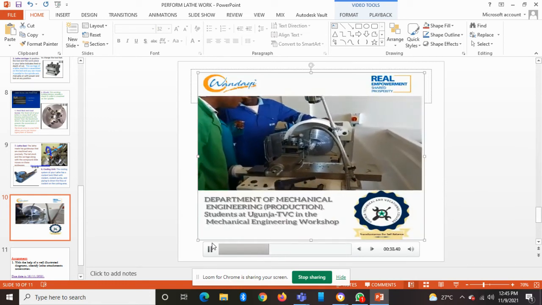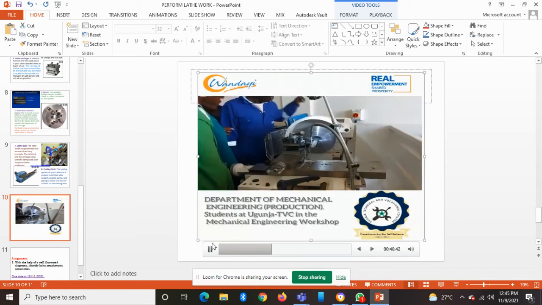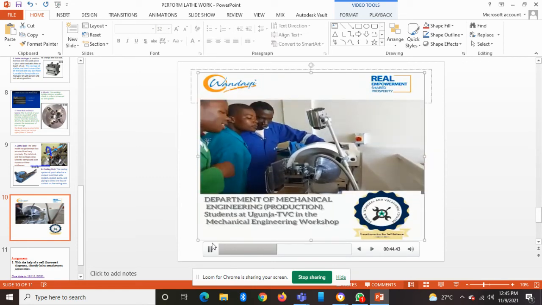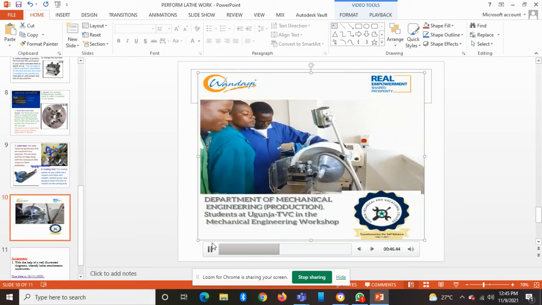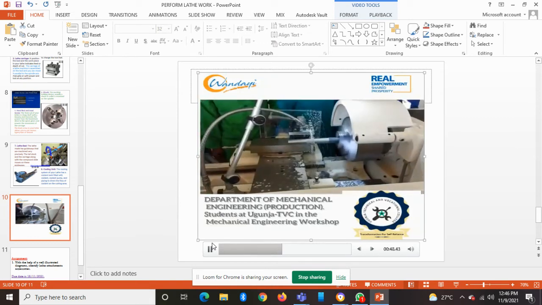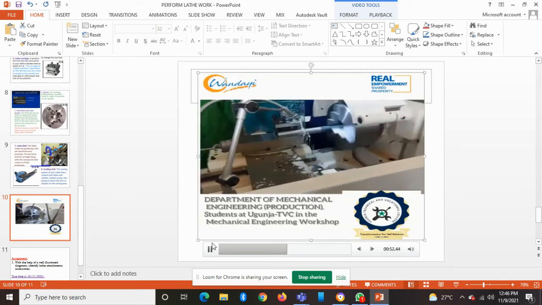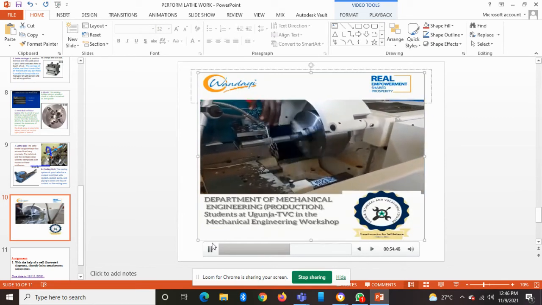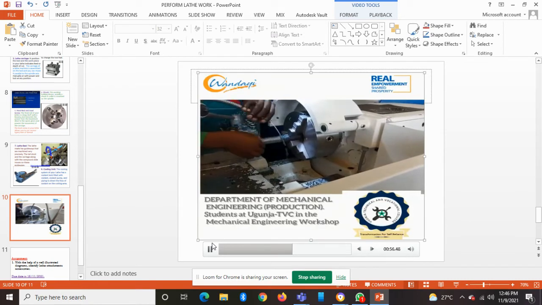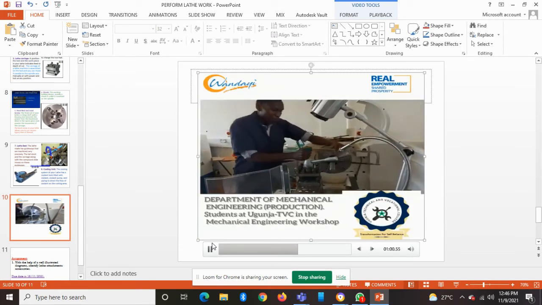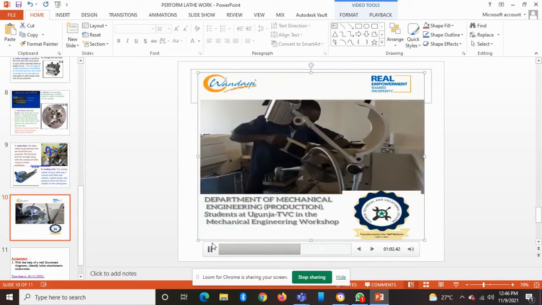They're doing turning, again on some piece of work. There is a coolant, where they put the workpiece. The chuck is holding and rotating the workpiece. After finishing the turning, the final product is cut.